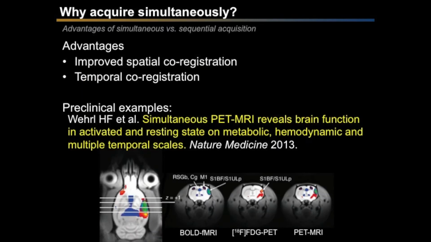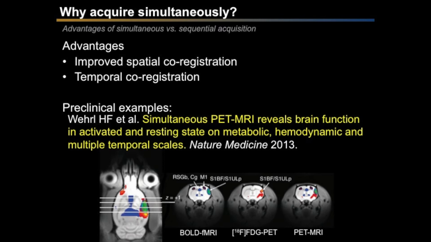And so a question that comes up is why image simultaneously rather than sequentially or even on two separate systems? I've listed just two of the advantages here. Of course, you have improved spatial co-registration in some cases, but the important point is that you have temporal co-registration, being able to acquire different kinds of data sets from a biological process at the same time as it's occurring.